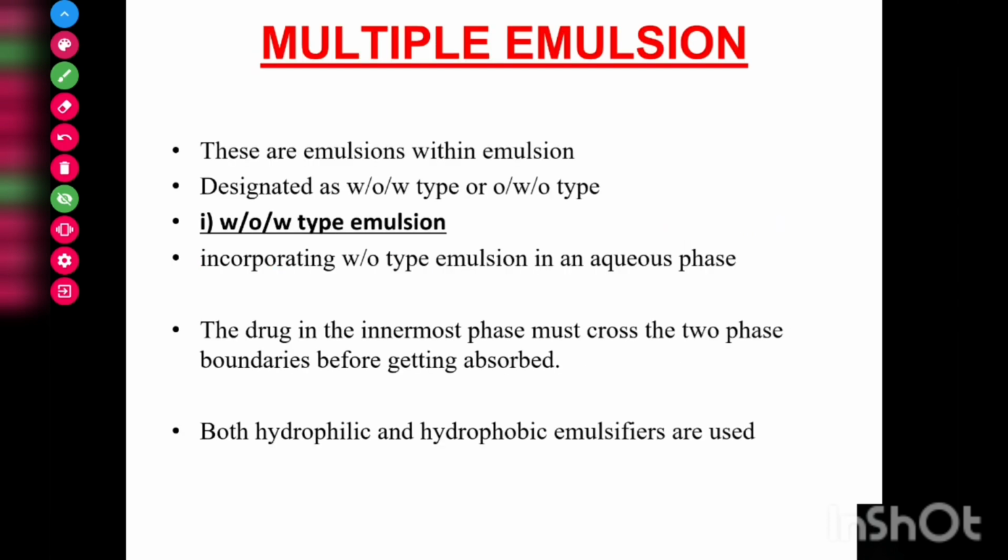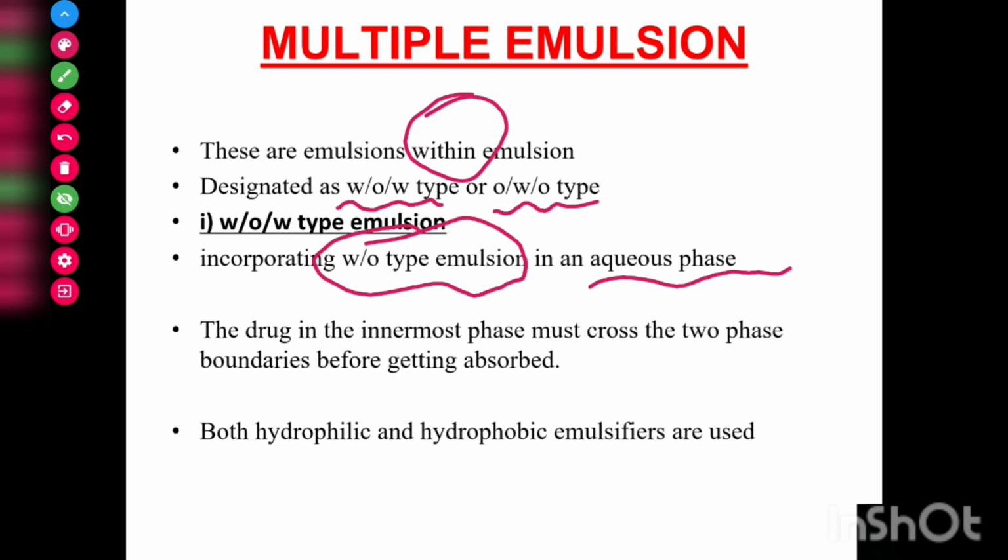Now let's study a special type of emulsion which is known as multiple emulsion. These are emulsions within emulsions. It is designated as water in oil in water type emulsion or oil in water in oil type emulsion. In this case, water in oil type emulsion is first prepared and then it is incorporated into an aqueous phase.